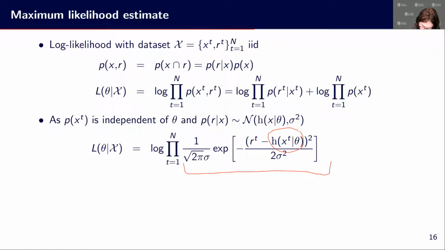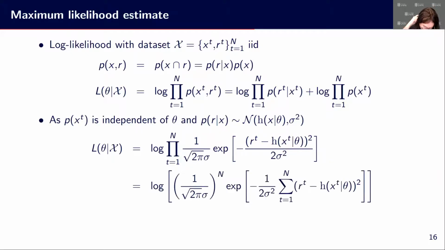So this is what we put as the mean. And we have the rt here, which is in fact the value we are looking at, given that we are looking at the likelihood of r given x.